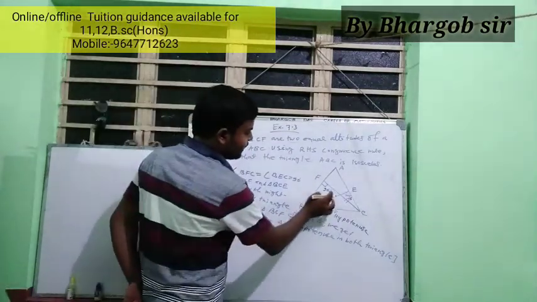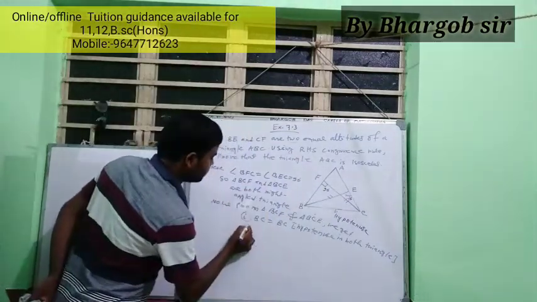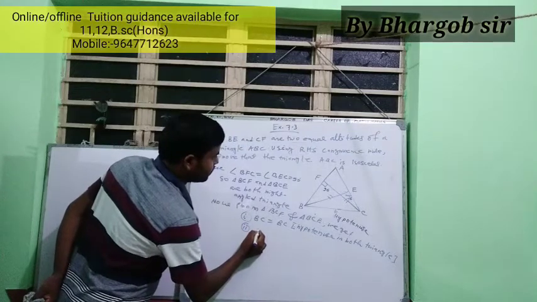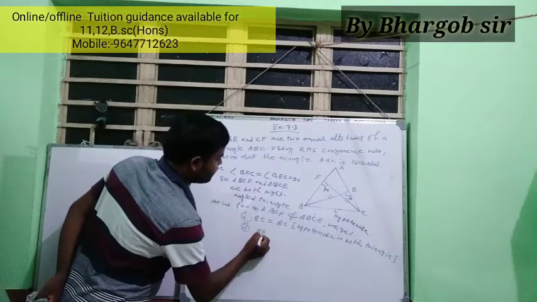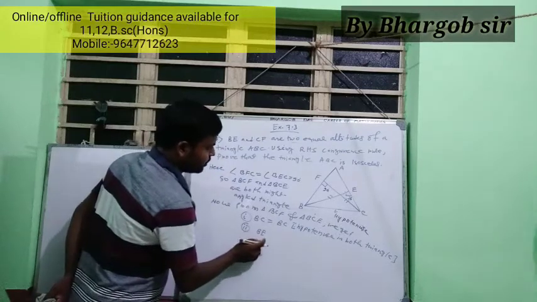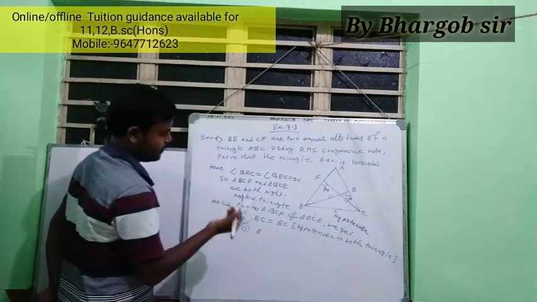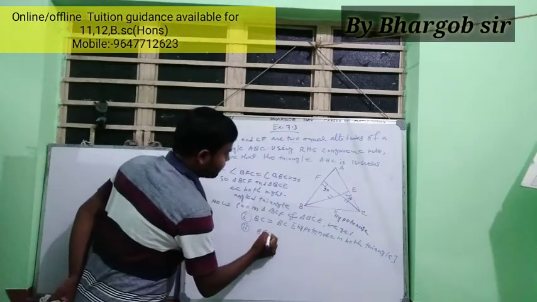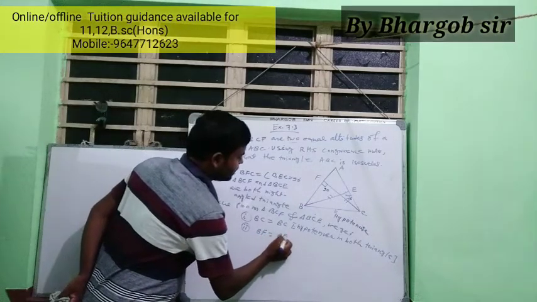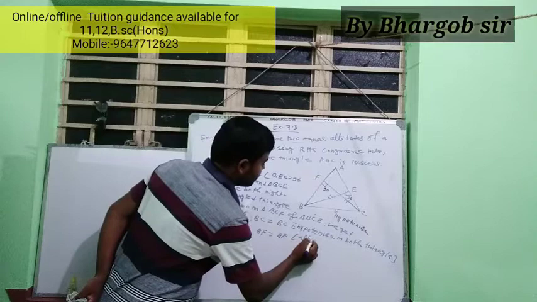And this side and this side are equal. Number 2, BF equal to BE, altitude.